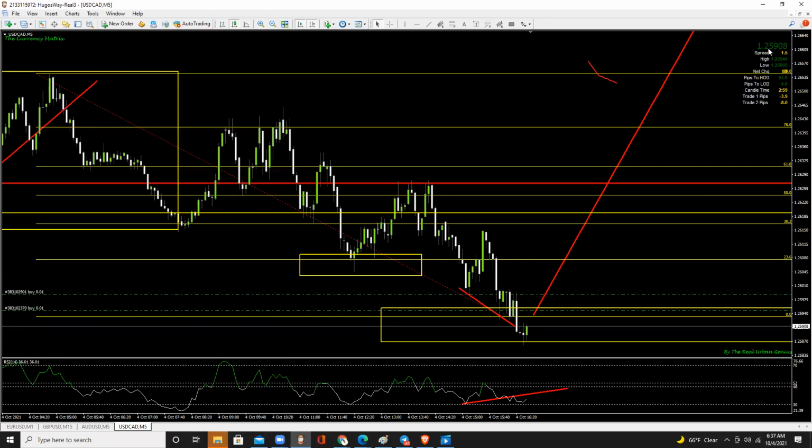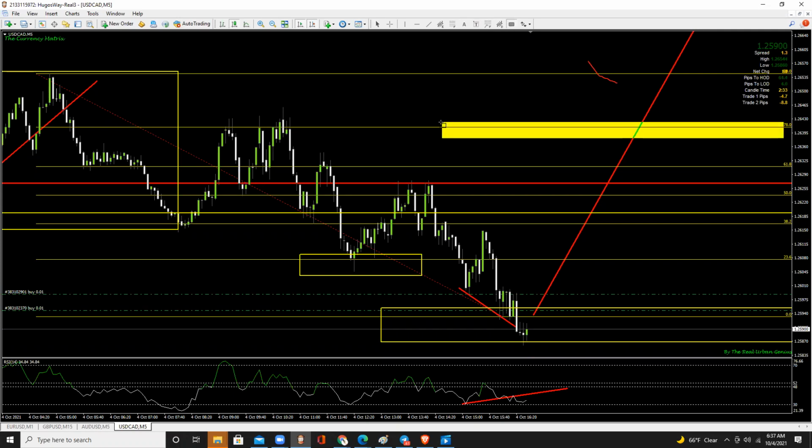If you look over here to the right, up in the top corner, where I have 1.25908, if you count the last two digits, every 10 is one pip. So if we were looking for 50 pips from where price is now, 50 pips would be 1.264, which is right here.